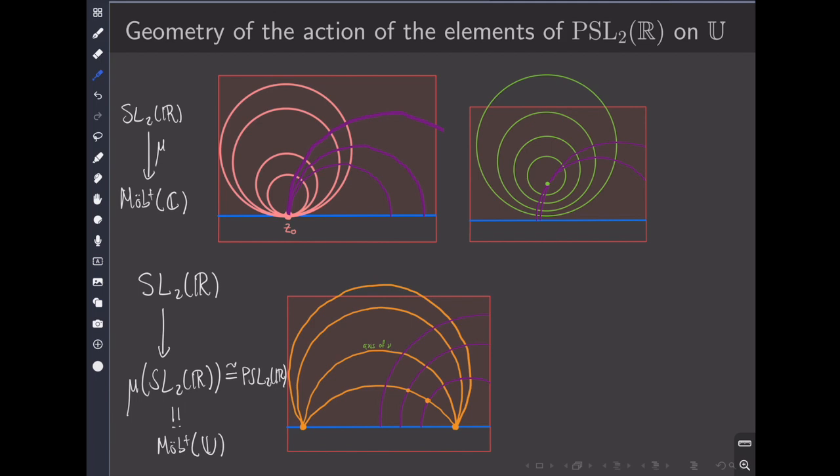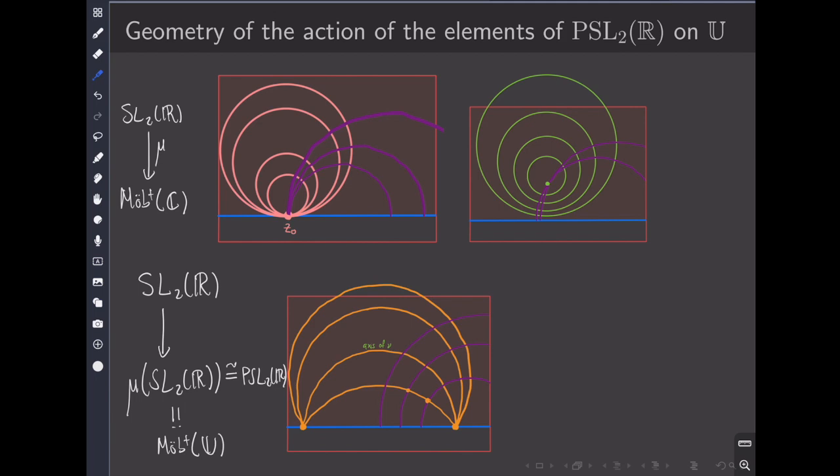Now the three types, the parabolic ones. If you think about horizontal translations, they preserve U bijectively. It's very easy to imagine their geometry. But how about the other ones, the ones whose fixed point is not infinity?